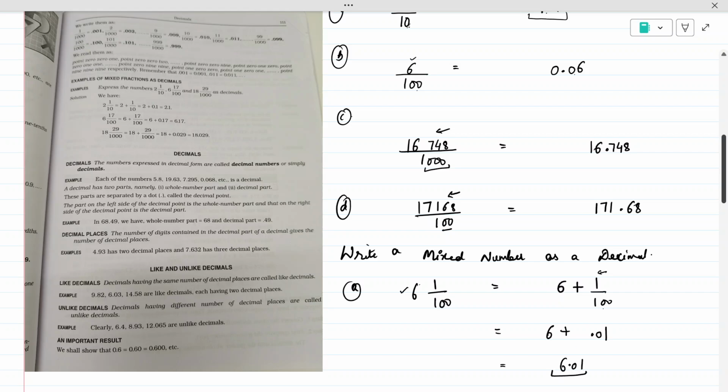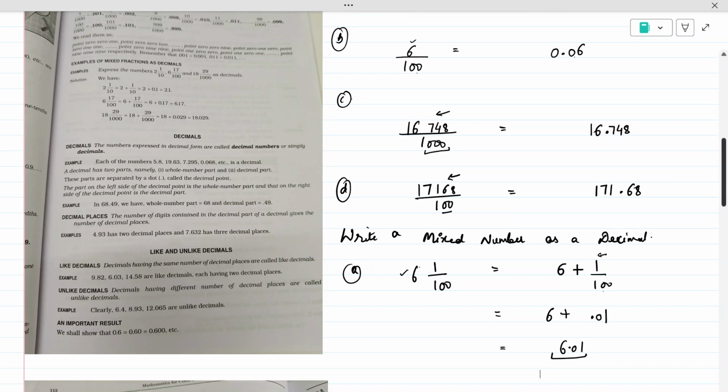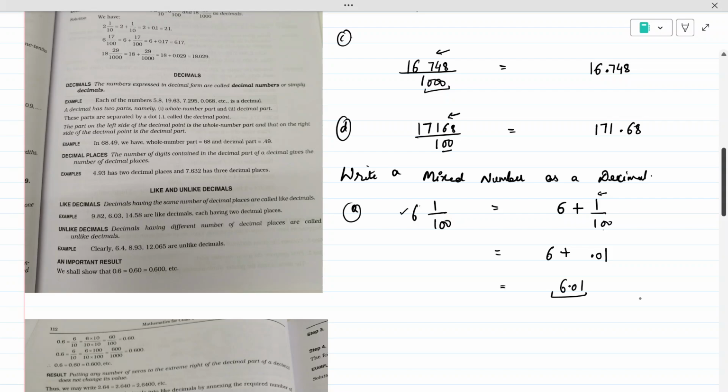Now kids, addition of a whole number and a decimal number we have learned already in grade 5, but again I'm telling you here, if we have any whole number and we have to add it to a decimal number, first of all we can always write down that whole number as 6.0, because after the point if we have 0 0, it doesn't have any value.